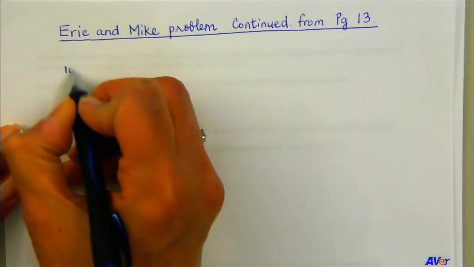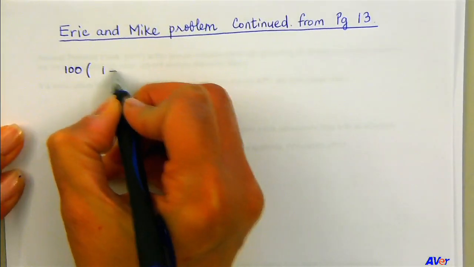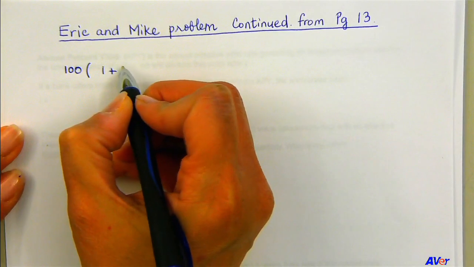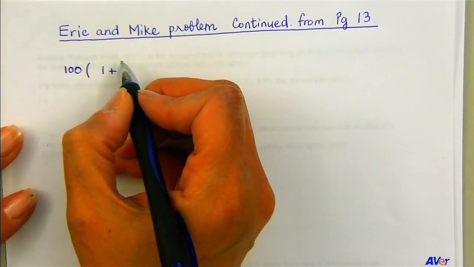So 100 times 1 plus, now I2 is being called I, they said, right?